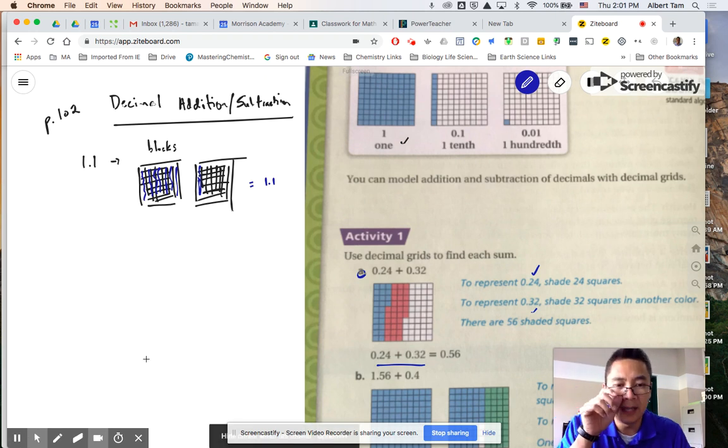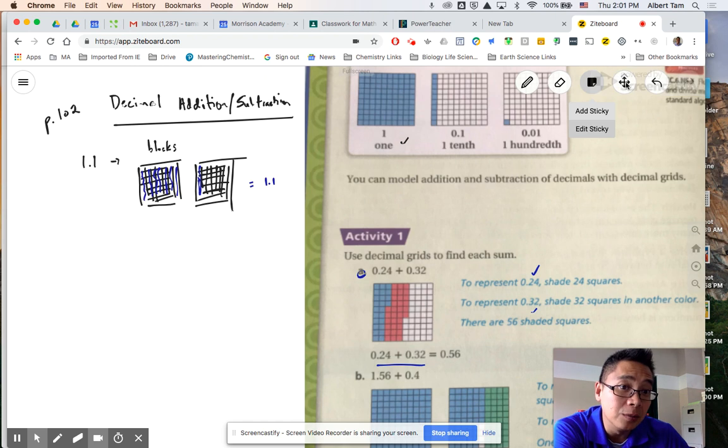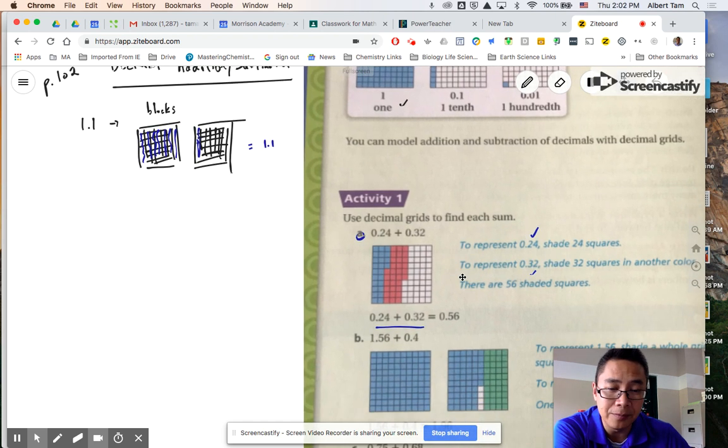Okay, then for the next one on here, we have 1.56, or 1 and 56 hundredths, added to 4 tenths. As you can see, it's kind of the same deal. I'm going to slide this up here a little bit, and you can see how they did the same thing. They colored in the 1.56 with the one massive block here, and then they colored in 5 of the tenths, right?